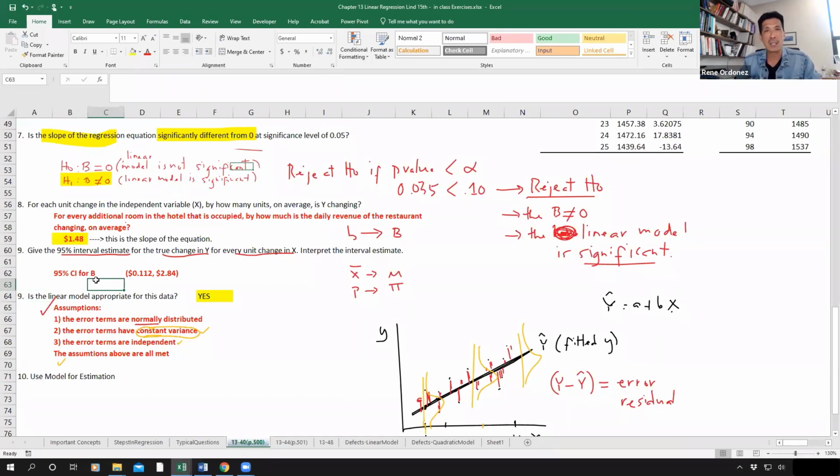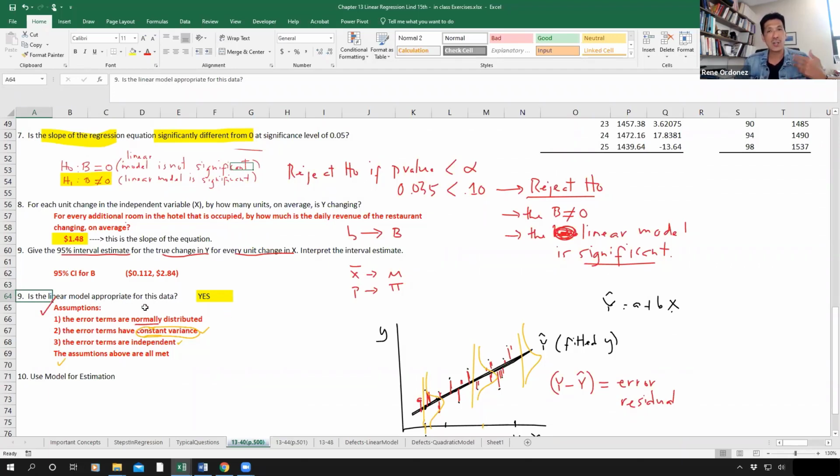It is determining, if the model was determined to be significant, the next step is to determine if the chosen model, and in this case the chosen model was linear like this, does indeed fit the data.